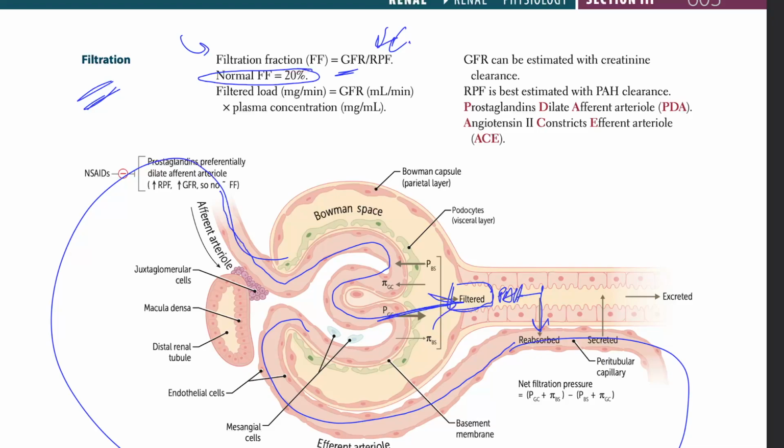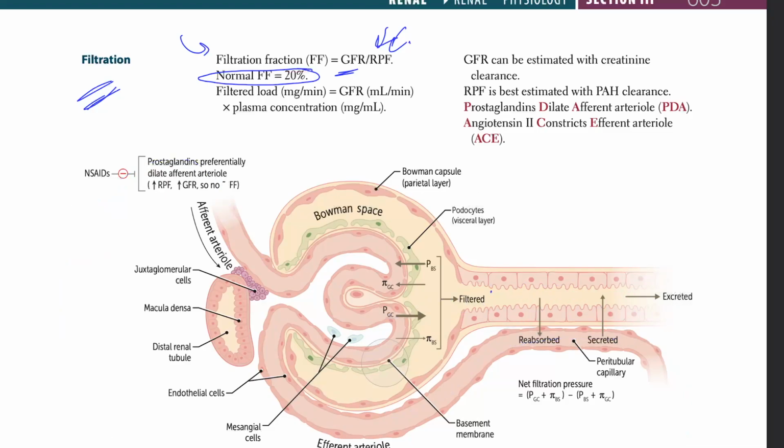Something that is in the blood can also get into this filter by getting secreted, and whatever is here gets excreted. So going back to the filtration, this is filtration. Normal filtration fraction is about 20%.